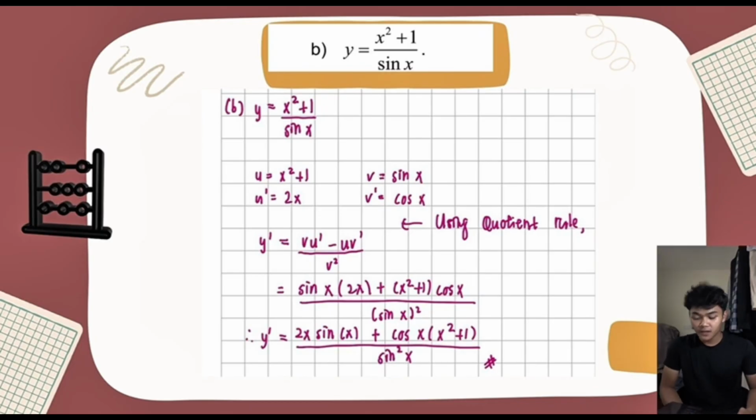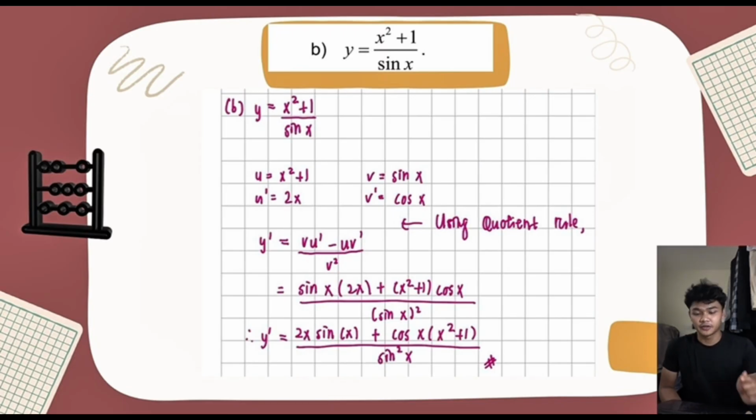Just like the previous question, just put all the information into the formula of the quotient rule. What is the formula of the quotient rule? The formula is y' equals (vu' minus uv') over v squared.